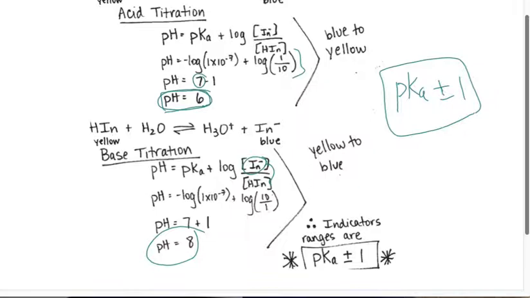Okay? So phenolphthalein, it had 1 times 10 to the negative, what was it, 9? Yeah, so we know its pKa is 9, but what's its range then? 8 to 10. All right? So our indicator's range is the pKa plus or minus 1. And I just thought it was interesting for you to see where the whole plus or minus 1 thing came from.